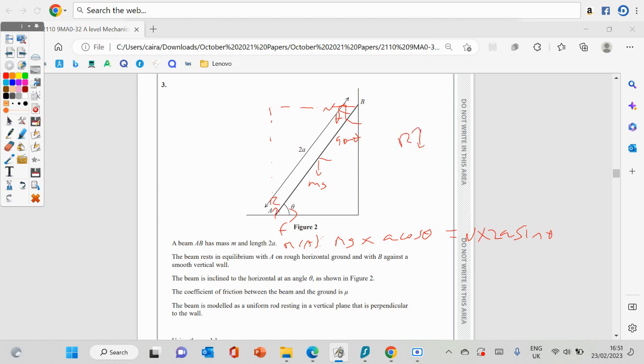Resolving vertically then, because that's the three things that we can do in these moments questions. We can take moments, resolve vertically or horizontally. It's the only three things we can do. There's only one bit of weight to consider, so R must be just mg.